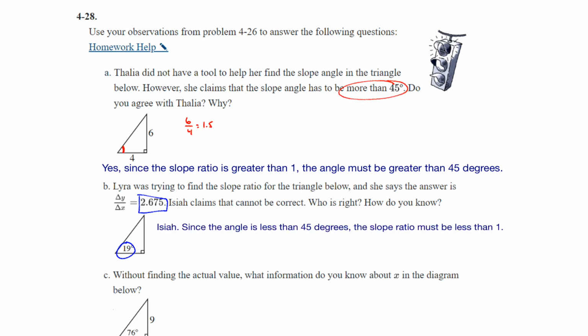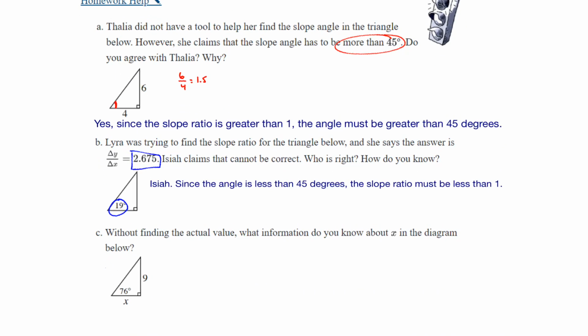And part C, without finding the actual value, what information do you know about x in the diagram below? So we know the angle is 76 degrees, which means it's greater than 45. So we know that the ratio must be greater than 1.